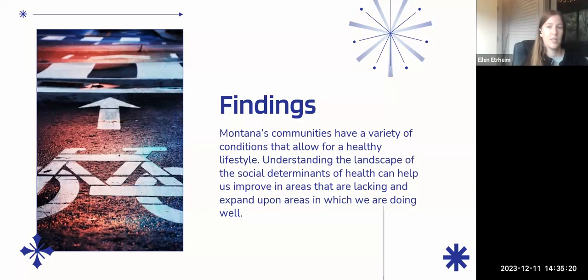I think Montana's communities have a variety of conditions that allow for a healthy lifestyle, and this map helps understand that landscape and allows for people to expand on areas in which we're already doing well, and also improve on areas that are lacking.